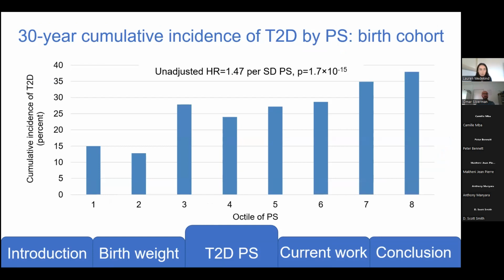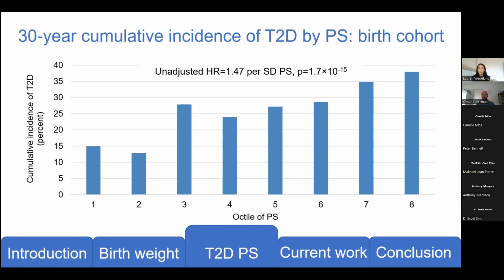And so just to show briefly, over 30 years of follow-up or until a person dropped off from the study due to loss to follow-up, or maybe they developed type 2 diabetes, the cumulative incidence of type 2 diabetes by the category of polygenic score, so the octile of polygenic score on the x-axis, was shown here.